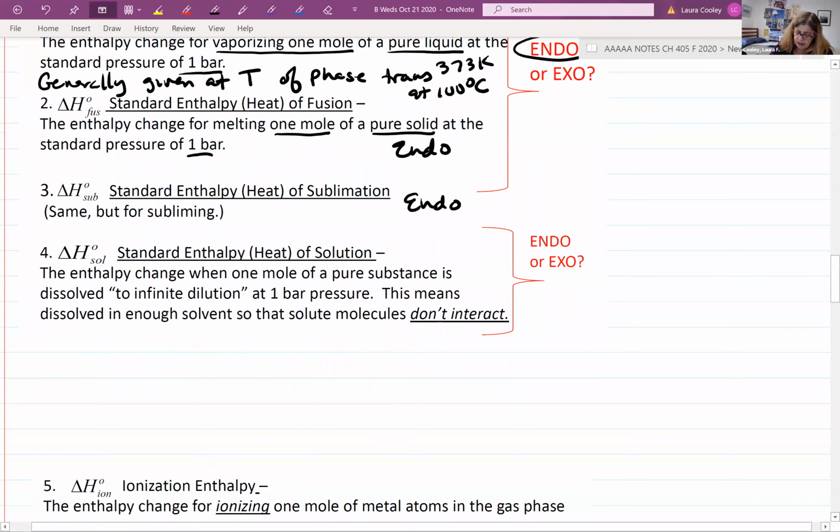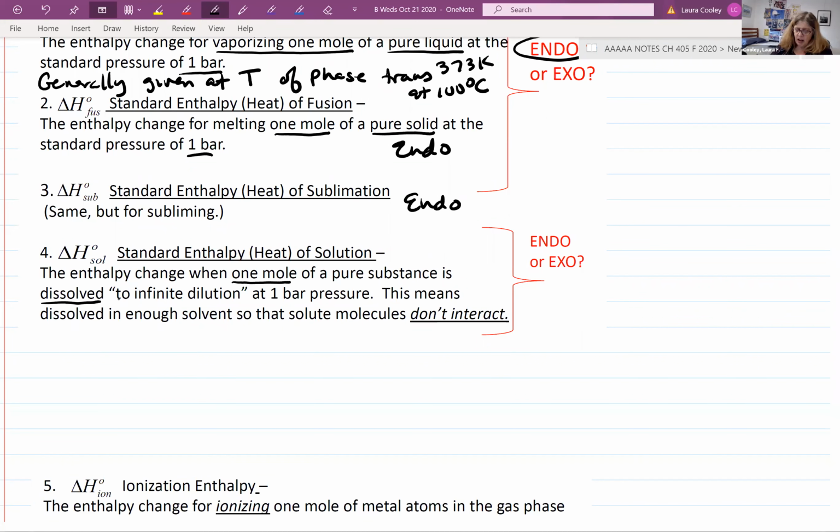And then we have something that I talk a lot about in general chemistry, in Chemistry 104. I maybe don't call it this, I call it the heat of solution. But the standard enthalpy of solution has a slightly different definition than what I talk about when I teach that class. So if you take 1 mole of a substance and dissolve it, you can't just dissolve it in any amount to get a heat of solution.